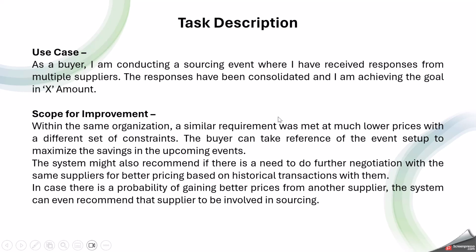So there are two cases: one while drafting the event, where he can take input from the AI assistant to add certain suppliers which are relevant for your event, and at the time of analysis of the results, wherein the system can recommend further negotiation processes to get better results from the suppliers.